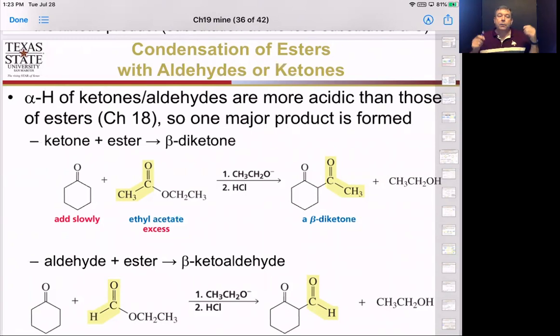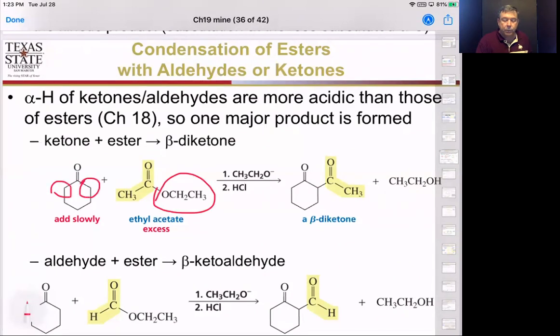Okay, so we take an aldehyde or ketone with alpha hydrogens. And because there's no electron donating group nearby, and in this case, the electron donating group is this, that makes these hydrogens more acidic than these hydrogens.